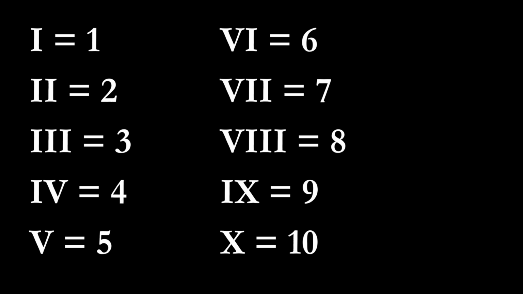X is 10, so V is half of 10, right? We're just kind of putting placeholders here. If you're doing the additive system, which we are, right? 6 would be VI, 5 plus 1. 7 would be VII, which is 5 plus 2. And 8 would be VIII, which is 5 plus 3. And remember, this is sort of the basic standard because we've seen you can tweak this a little bit. But in general, this is how you do it.